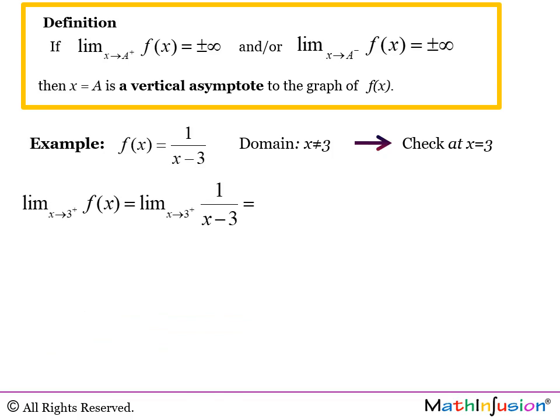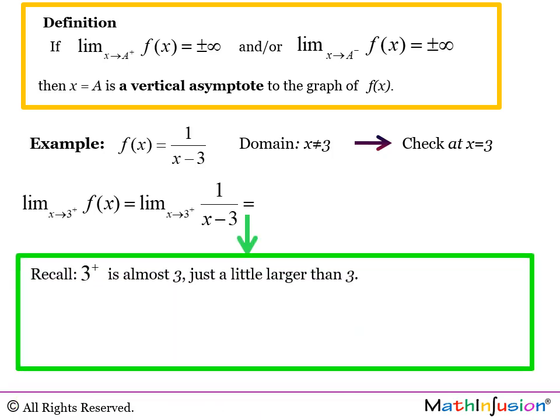The limit from the right. Again, I would like to recall, it's 3 plus, so it's almost 3, just a little larger than 3. And that's why x minus 3 is a very, very small number, but positive.